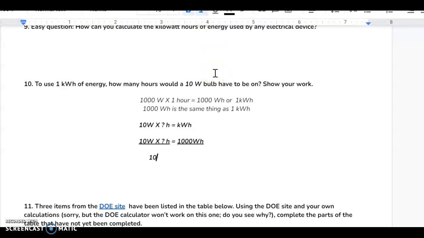Watts. Okay, and on this side, we're also going to divide by 10 watts. And now these cancel. They're top and bottom, so we can do a cancellation there.